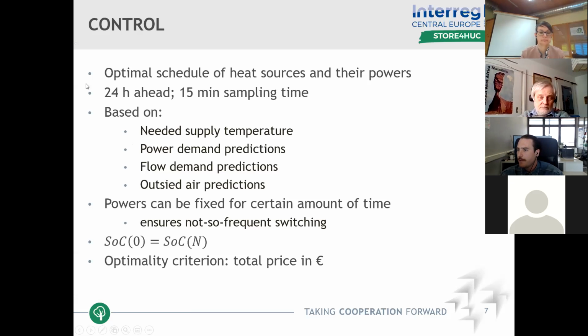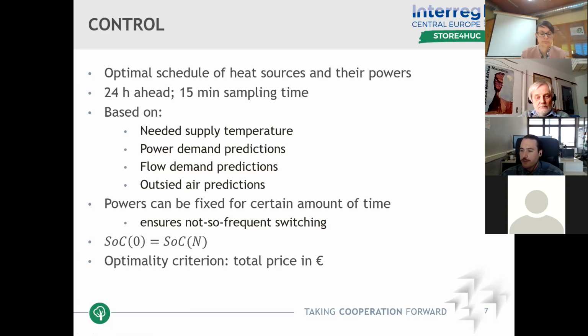Also, this optimal schedule doesn't need to be for each of the time instances. For example, we can group together and let's say maybe we can change power of the heat sources 8 times per day, so we would predict only 16 values. This would ensure not so frequent switching between powers and switching offs and ons.